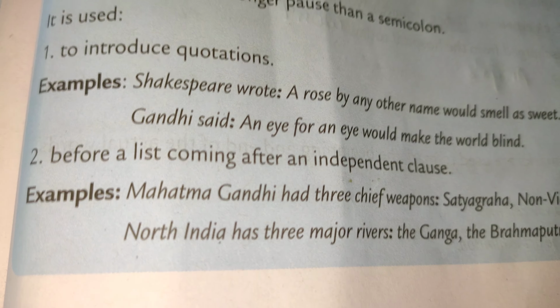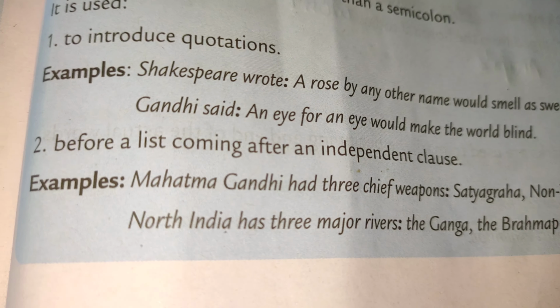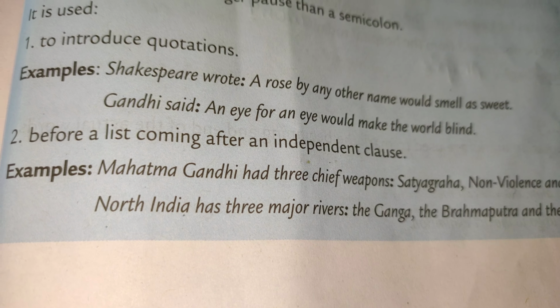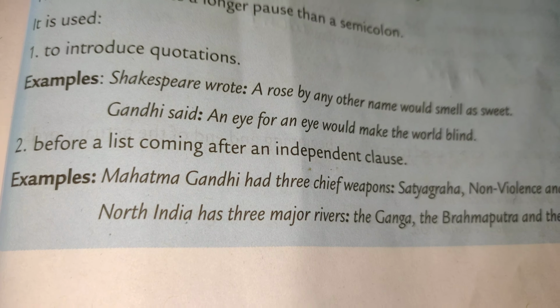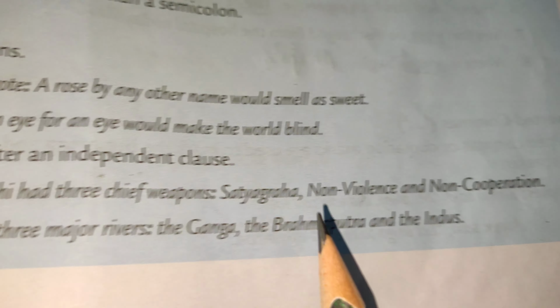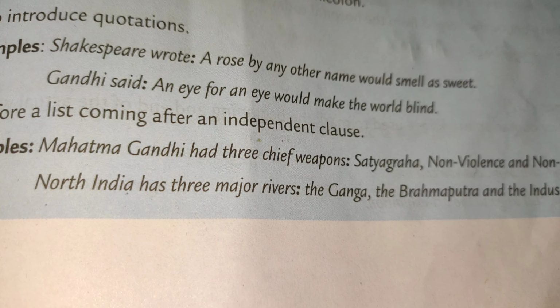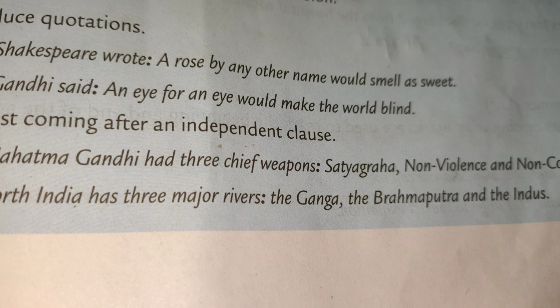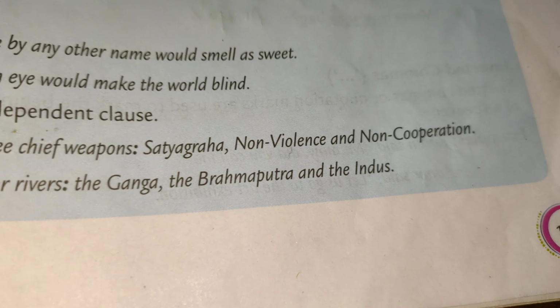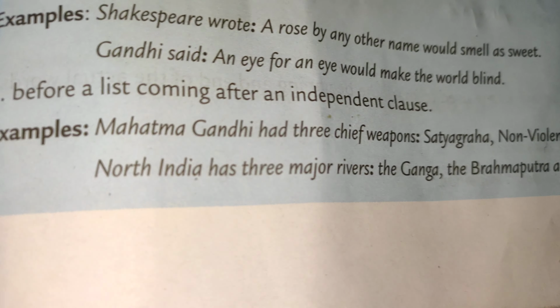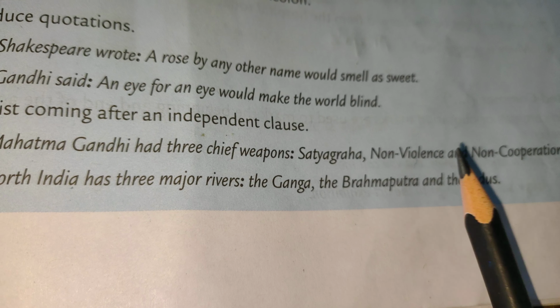Second, before a list coming after an independent clause. Okay students, now before a list coming, so this is a list. If you see in this sentence, Mahatma Gandhi had three chief weapons: satyagraha, non-violence and non-cooperation. So students, this is actually the list.